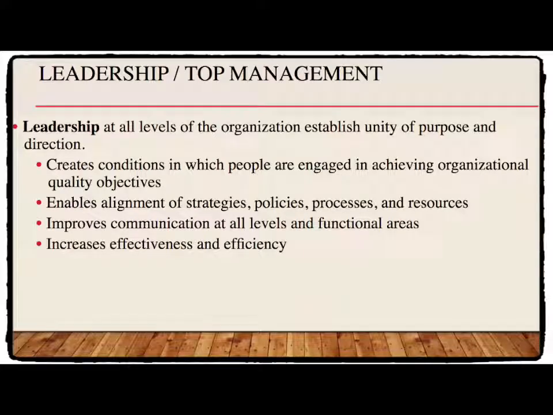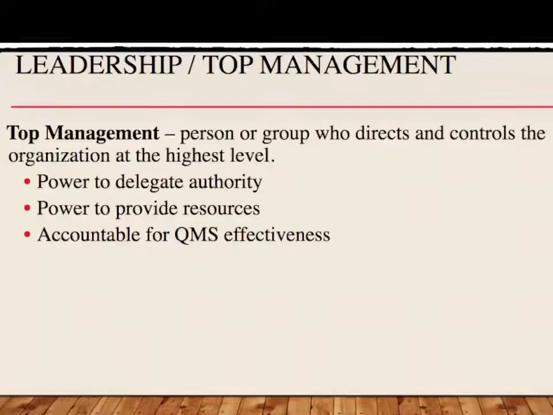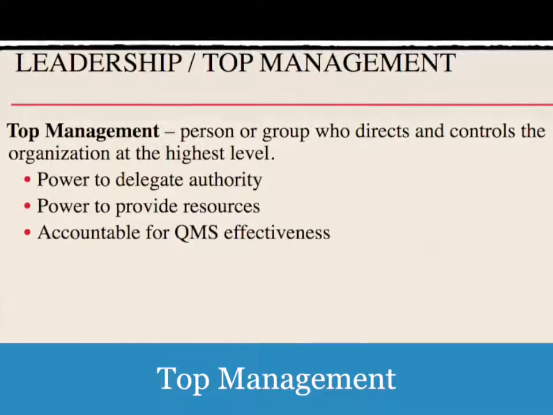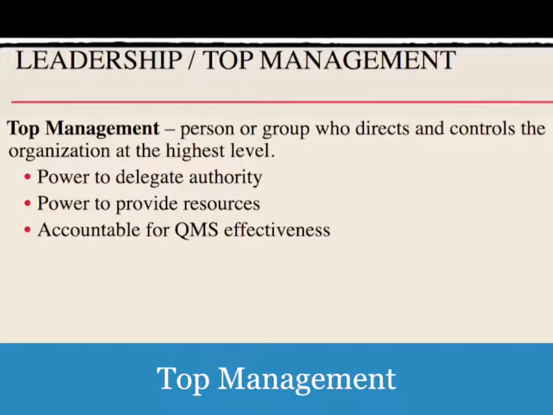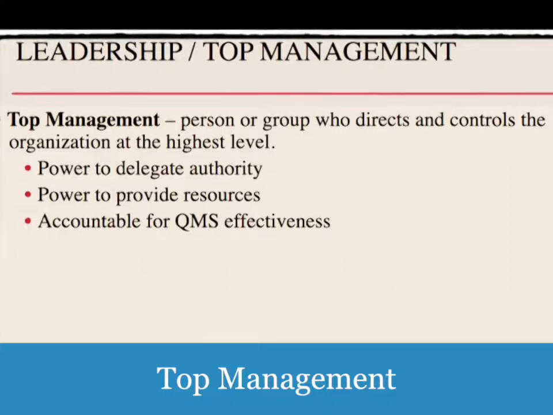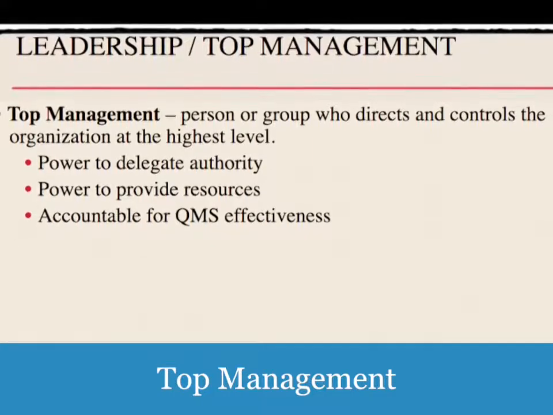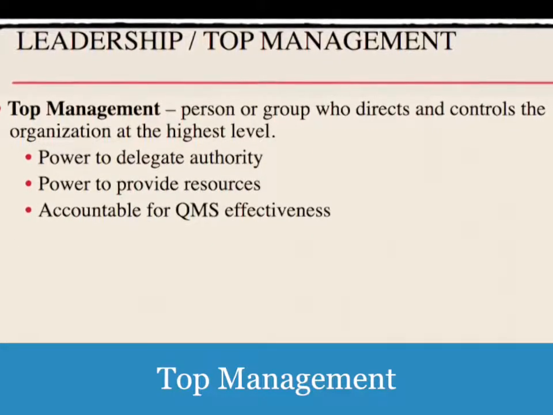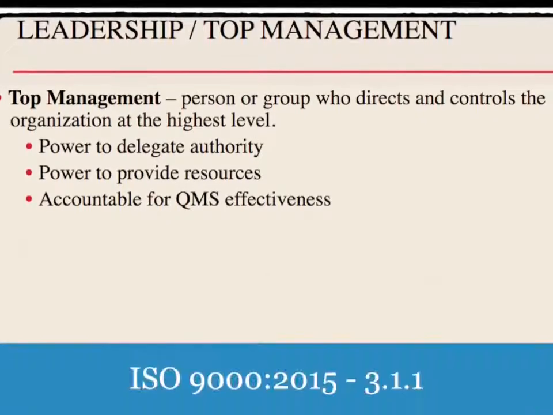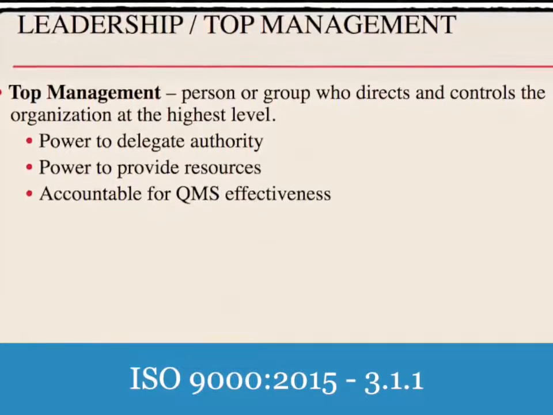The standard differentiates between leadership and top management. Several of the clauses identify roles, responsibilities, authorities, and accountabilities for top management. Top management is defined as the person or group who directs and controls the organization at the highest possible level.